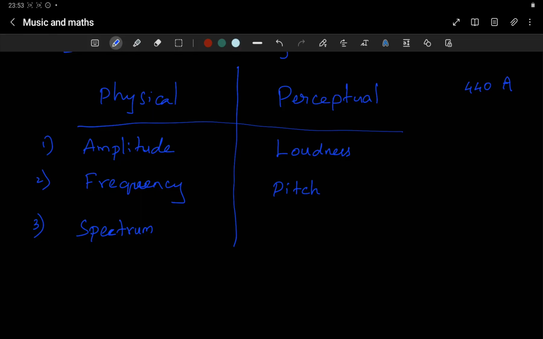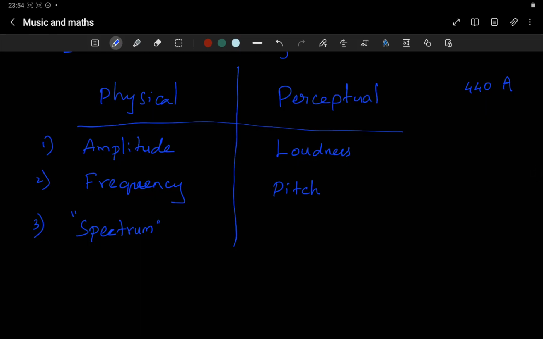The structure will vibrate in a mix of frequencies. So for a single sound, what is the distribution of the frequencies? That distribution of frequency is what we call the spectrum.